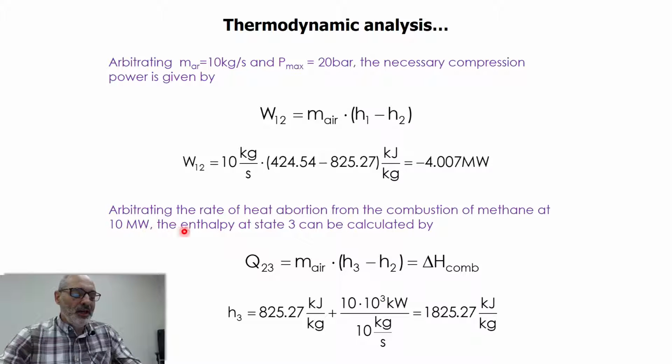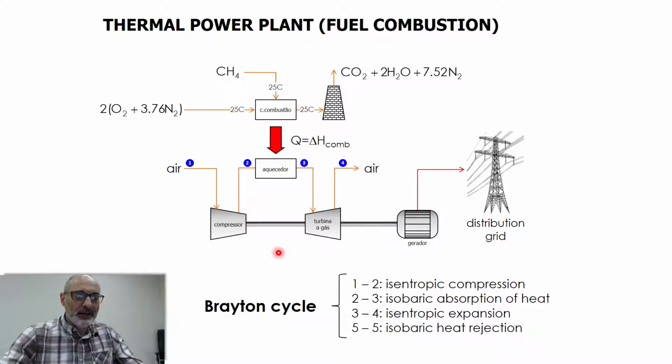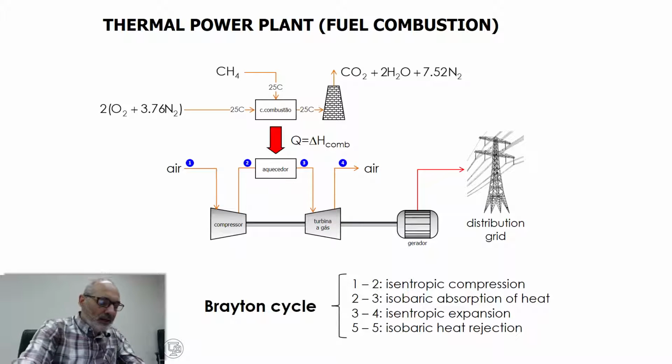So the enthalpy at state 3 can be calculated by the same equation, first law, but this time on the heat exchanger. So I don't know if you understood, okay? The heat, going back a few slides, the heat absorbed here, I'm going to say it is, I don't remember, 10 megawatts.